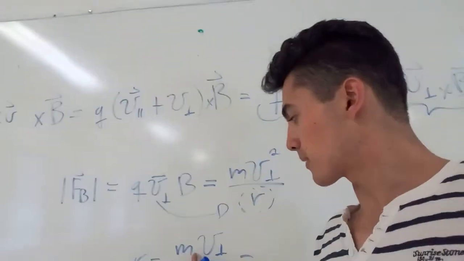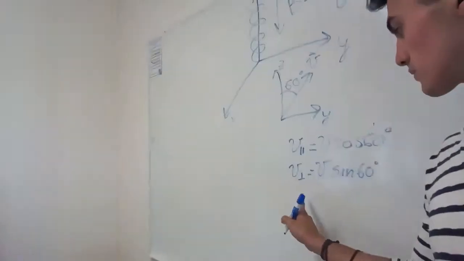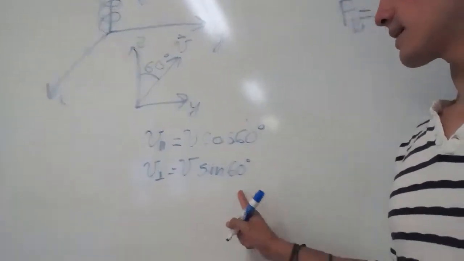Then we only have to substitute, knowing that the perpendicular velocity is equal to the velocity times the sine of 60.